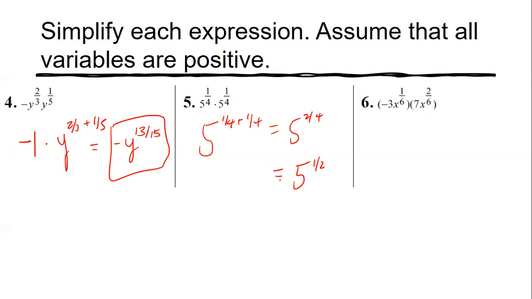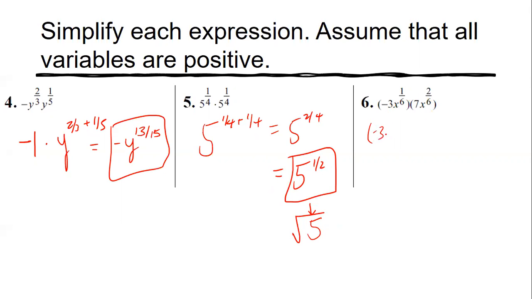If it does not ask for the radical of it, then you leave it as 5 to the half. Okay. The reason why I say if it doesn't ask you, the radical of this would just be the square root of 5. These are equivalent statements.